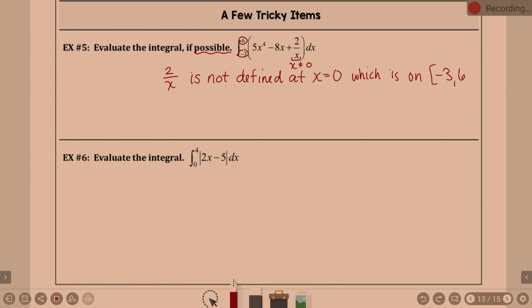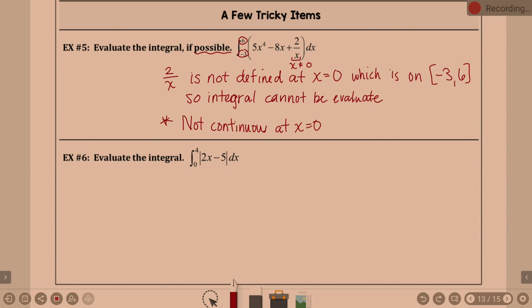So the integral cannot be evaluated. The key note I'm going to put here: not continuous at x equals 0.